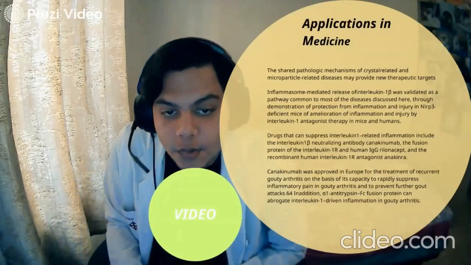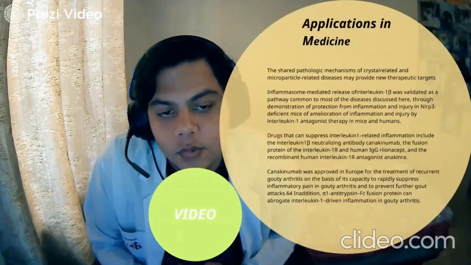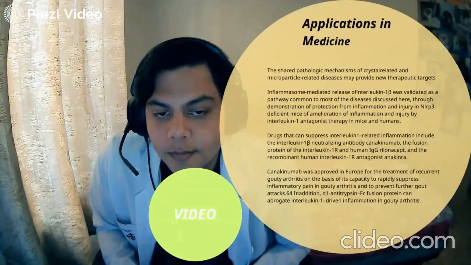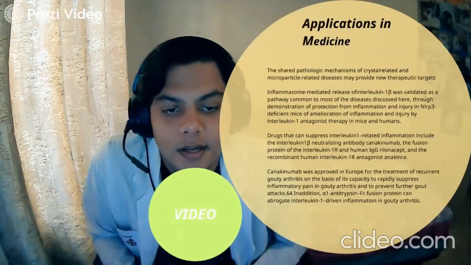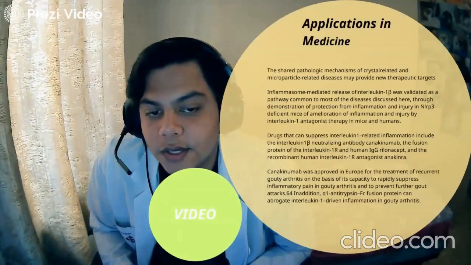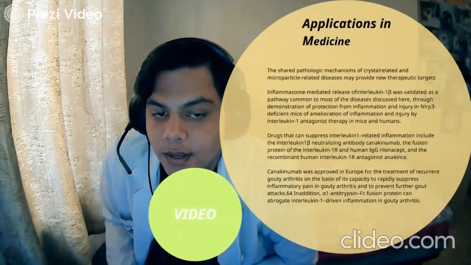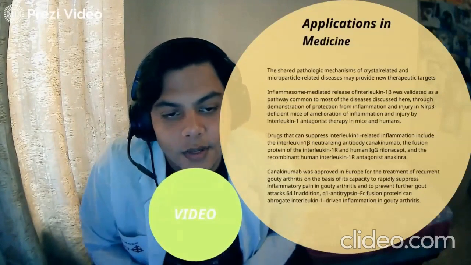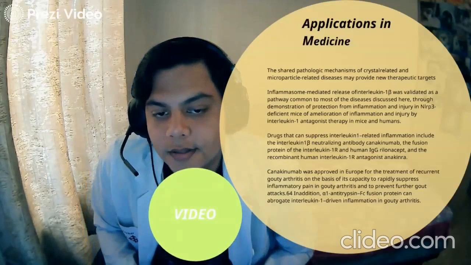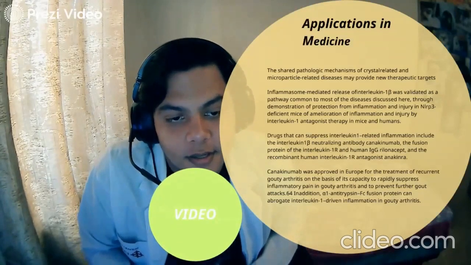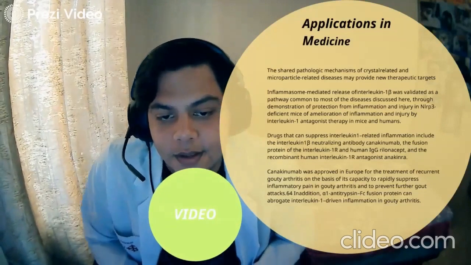These drugs can suppress interleukin-1 related inflammation, including the interleukin-1b neutralizing antibody canakinumab, the fusion protein of interleukin R1, and the human IgG, and the recombinant human interleukin 1R antagonist anakinra.